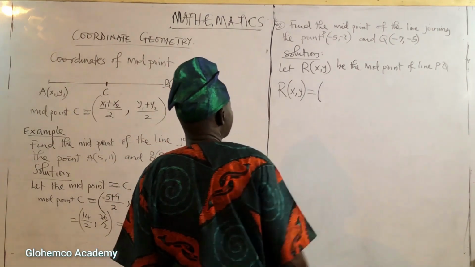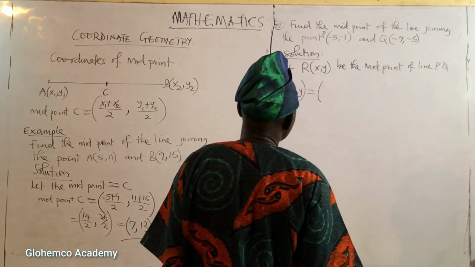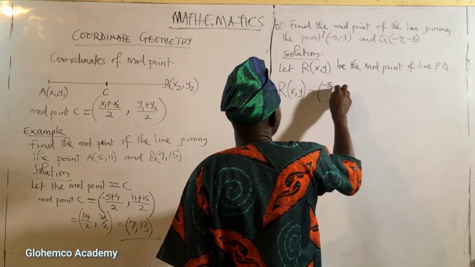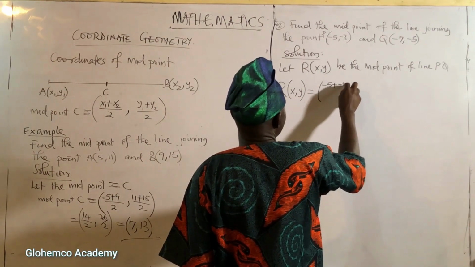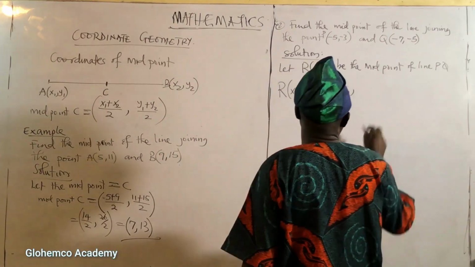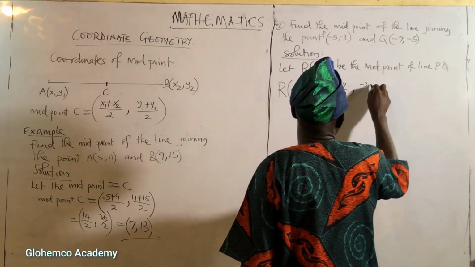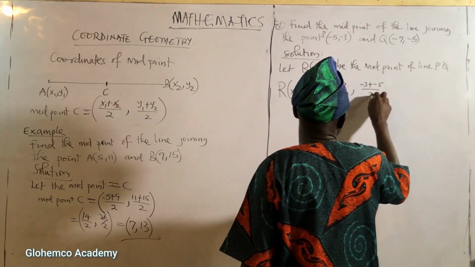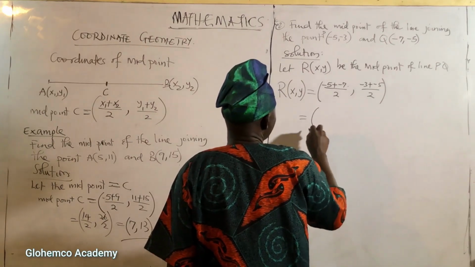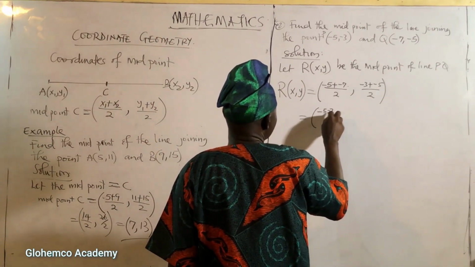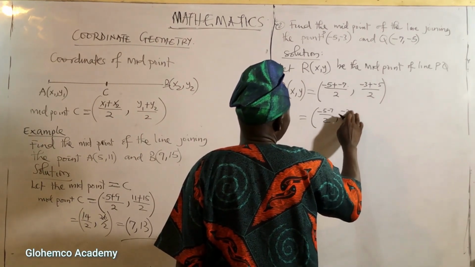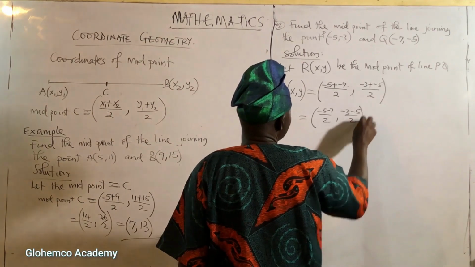How do we find this? R(x, y), the midpoint. The value of x will be -5 plus -7 over 2, and the value of y will be -3 plus -5 over 2.